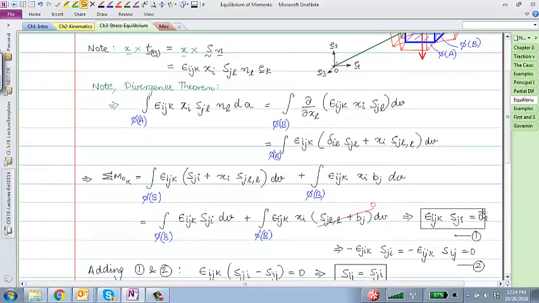This is the condition, in terms of this Kronecker delta. So let me ask you this. First question, there's epsilon ijk S_ji equal to 0. How many terms are there on the left hand side in this equation?